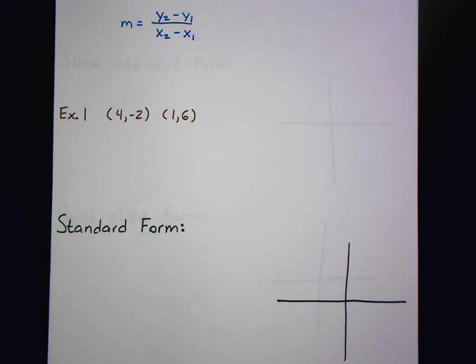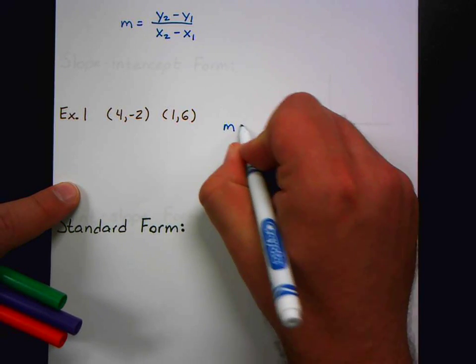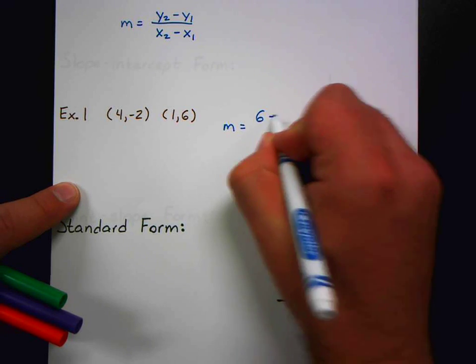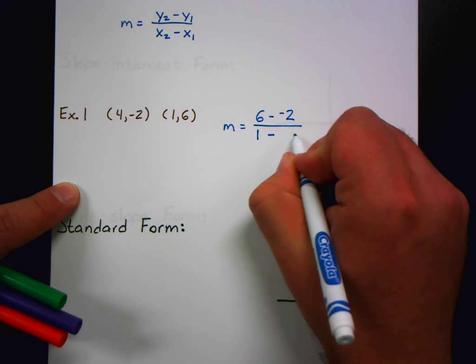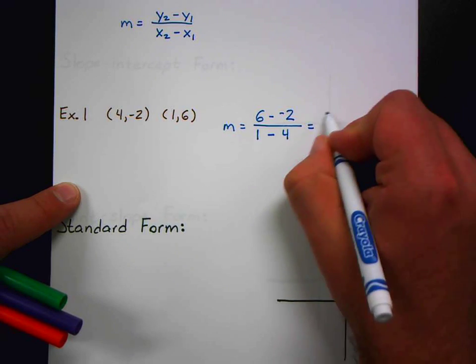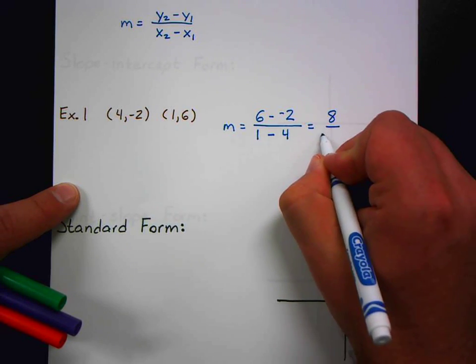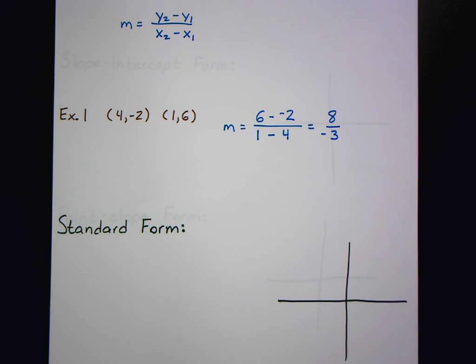Okay, so if I find slope for example 1, it's going to be -8/3.